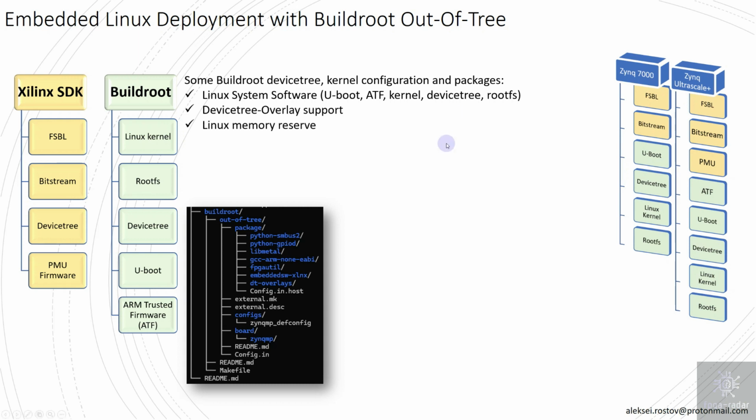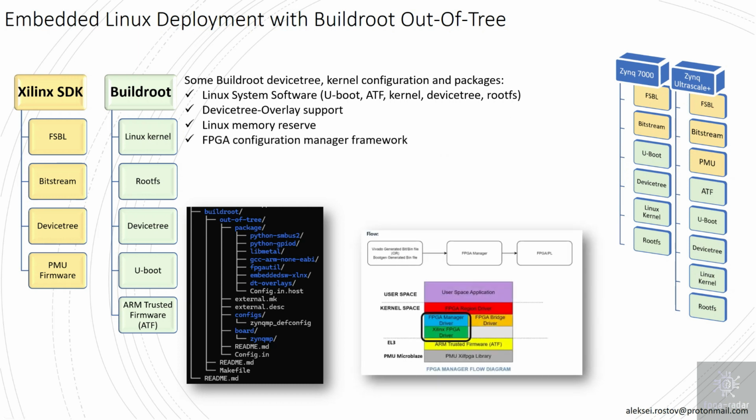Linux memory reserve: since we are working with DMA, DMA requires some physical memory that cannot be touched by Linux, so in this case memory should be reserved. FPGA manager framework: this framework is tied to device tree overlay support, and I use it for remote update and remote boot of the programmable logic part.